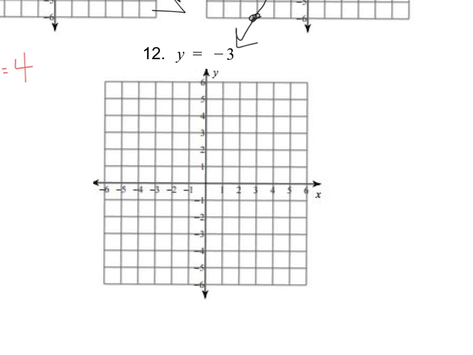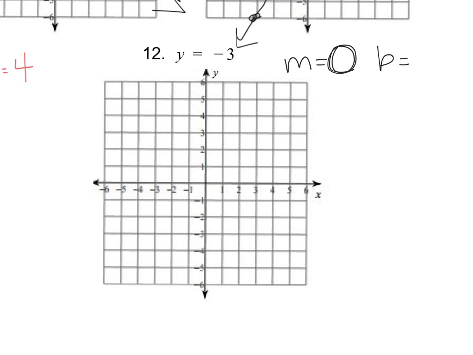Last one. We are here. What do you notice when you look at your equation? Y equals negative 3. And that's it. What are we missing? Looks to me like we are missing an x. That means that our slope is 0.